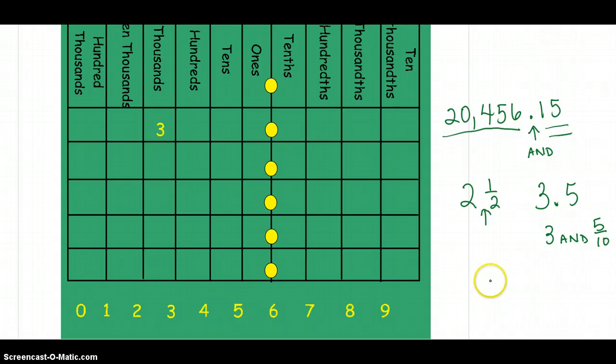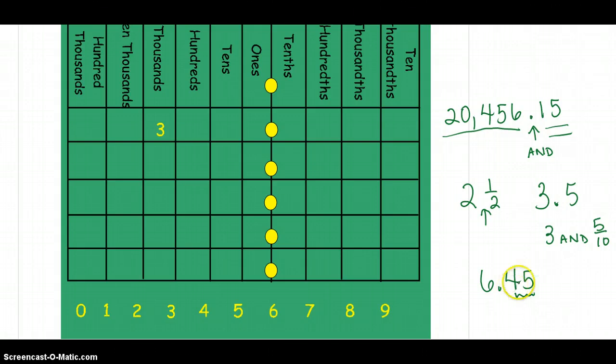So how would you write 6 and 45 hundredths? When you're writing a decimal, whatever the last place value is that's mentioned, your number after the decimal should end there.